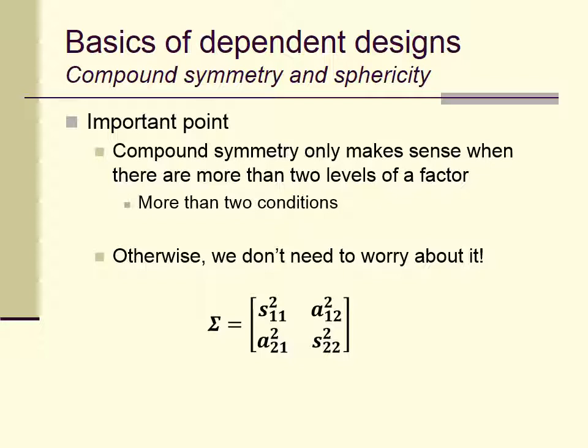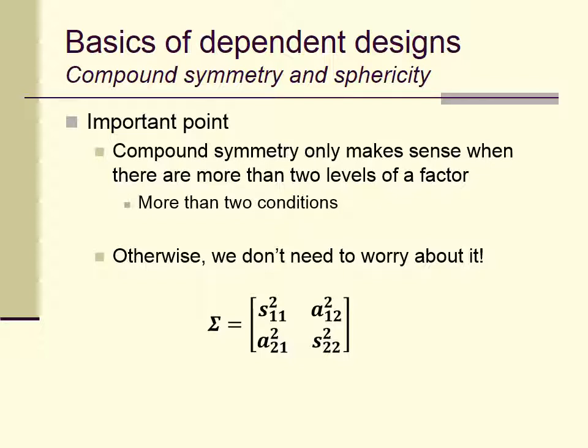If we only had two conditions, A and B, A and C, B and C, we wouldn't need to worry about compound symmetry. Indeed, we couldn't really make compound symmetry. That matrix would only have 4 elements, two variances and 2 covariances, but really the 2 covariances are the same. Covariance of condition A and condition B is the same as covariance of condition B and condition A, so we wouldn't need to worry about compound symmetry.